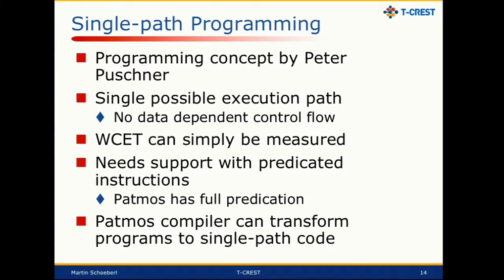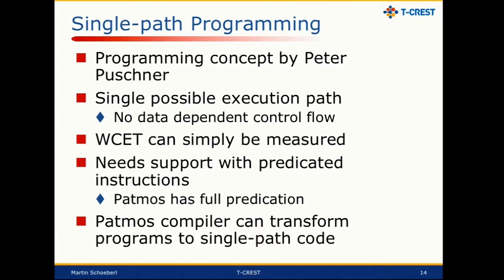In a loop, you execute until the maximum iterations. But then you predicate which path you take or not. To support this, you have to use predicated instructions. In that case, the theory is that you can simply measure the execution time because it's constant. It works with a reasonable pipeline, it works with an instruction cache, but it's broken with a data cache.